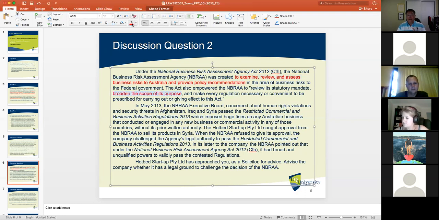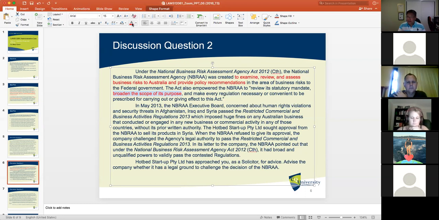Now the question is, would the NBRAA's power to broaden the scope of its purpose mean that it has a blanket authority to broaden the scope of its purpose whatever way it likes? So no, it still has to be in line with the Constitution, no matter what broad purposes it seeks to impose.